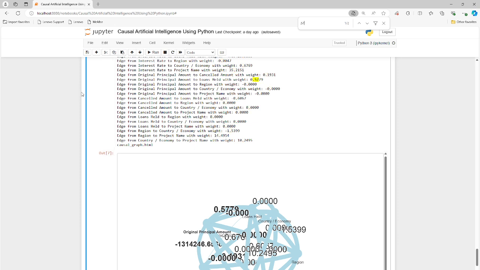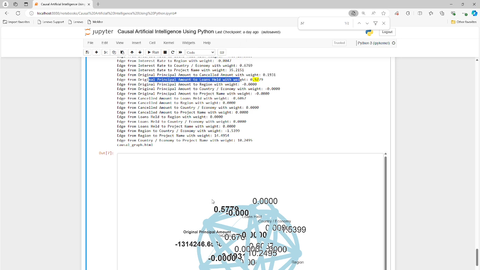So original principal amount to loans held, and the weight between these two is 0.57. So in this case, closer to 1 is stronger, 0 is less, right? We're looking at original principal amount to loans held. So it's not huge influence between these, but it is about 1/2. So we're halfway up to 1, 1 being the strongest, 0 being the weakest.